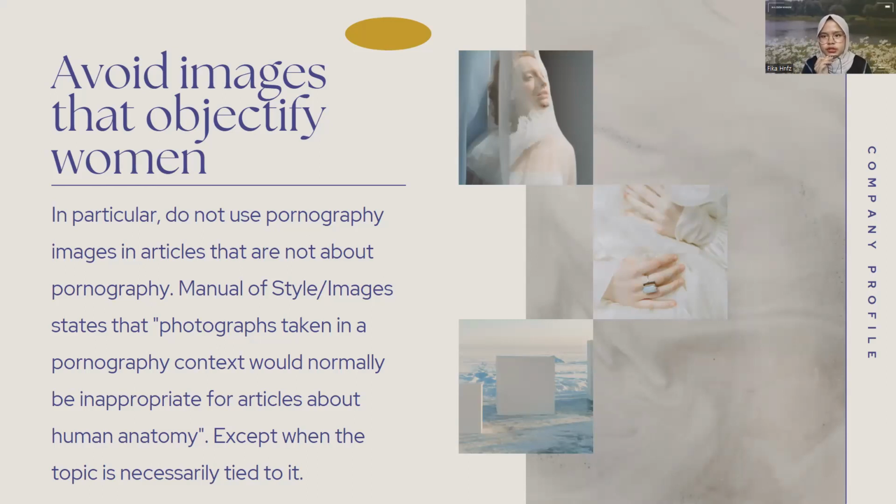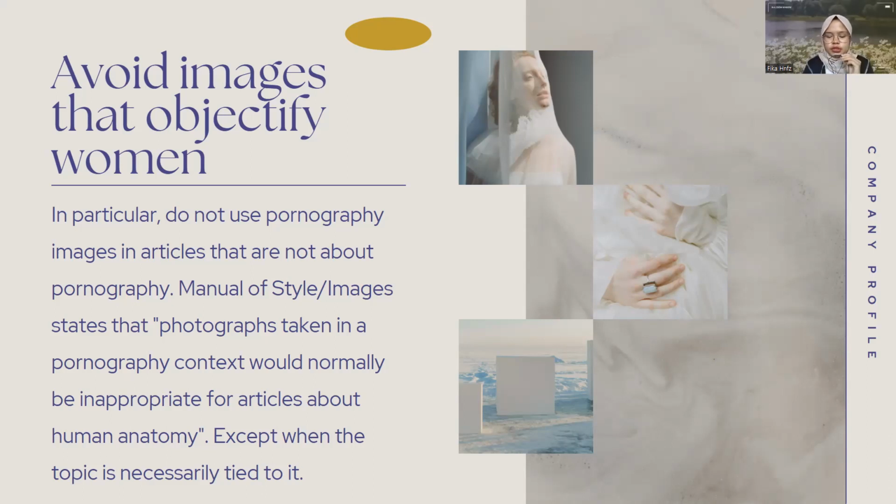Just like if you want to introduce human anatomy in women or women's reproduction, and you choose images that lead to pornography, it is going to mislead your reader, and it's also inappropriate for everyone who reads your article.